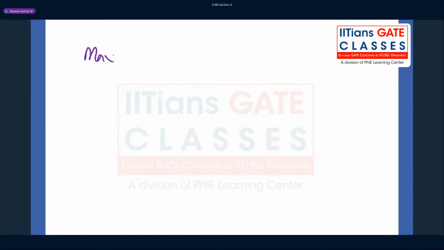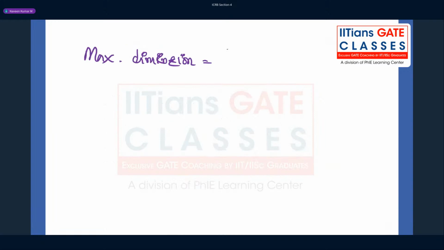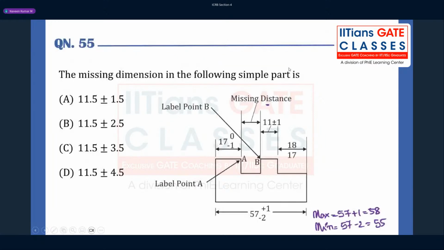So maximum dimension of that missing part, that is what is important. So what is that? 58, because we are taking the maximum. 58 minus, right? So for this AB to be maximum, this should be minimum.